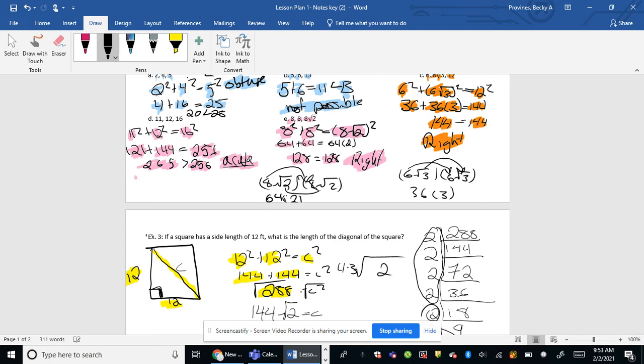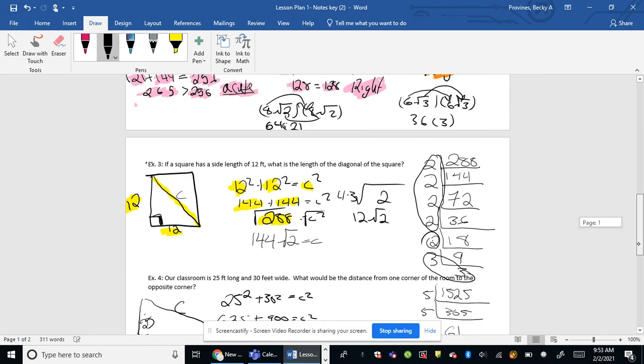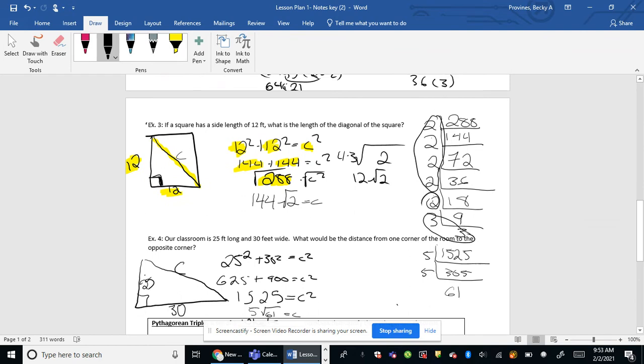So we'll have root 2. So 4 times 3, that's 12 root 2. So we are left with, that is a typo right there. The diagonal is going to be 12 root 2 equals c. All right, so we've got that right there.